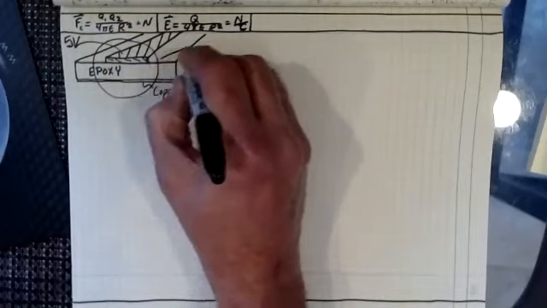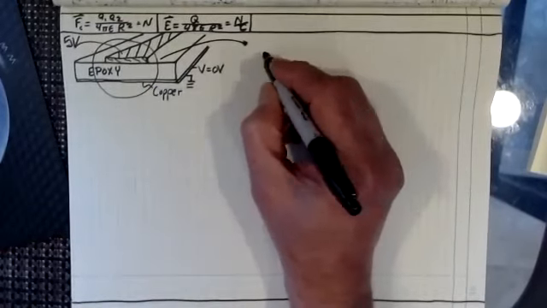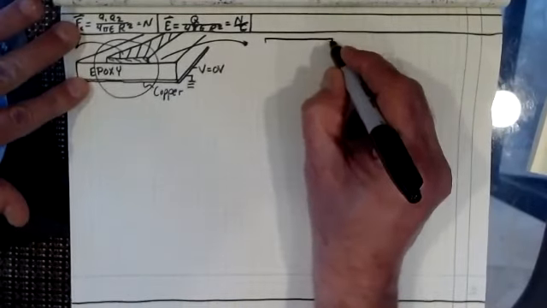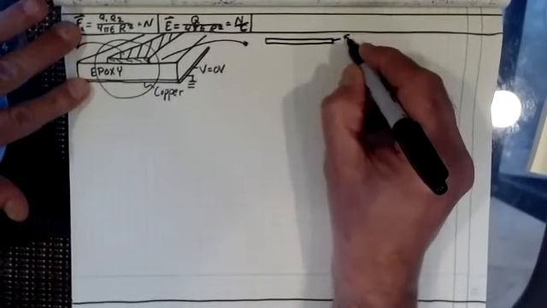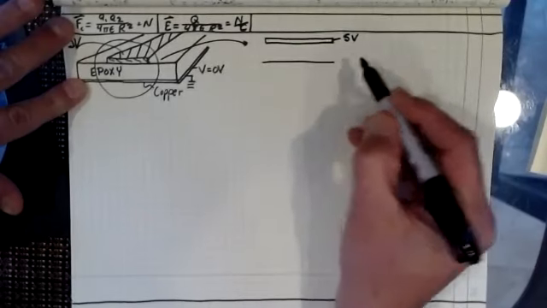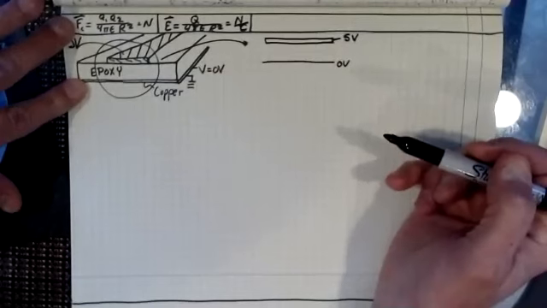Let's just take that over here and blow that up a little bit. So what I would have is I would have on top 5 volts. And on bottom, I'm going to have 0 volts. Okay?